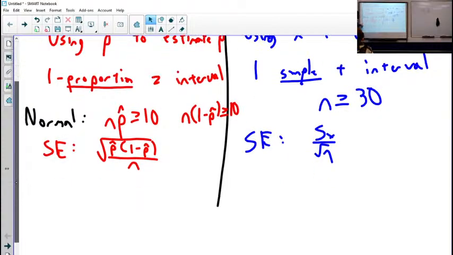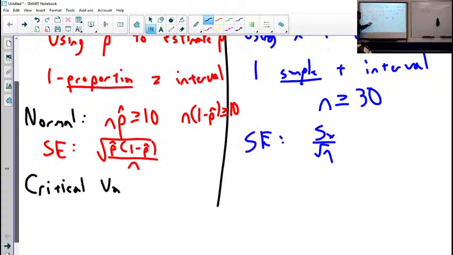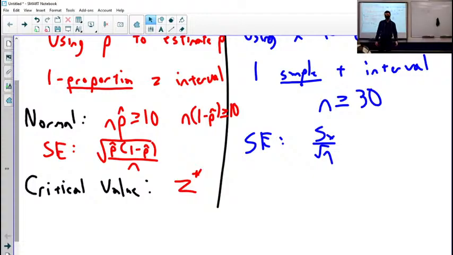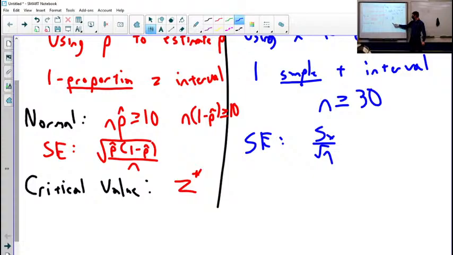And then the last big difference is the critical value. When you're doing proportions, your critical value is going to be your z-score, and so in the calculator, you're going to use inverse norm. For means, in the calculator, you're going to use TScore.